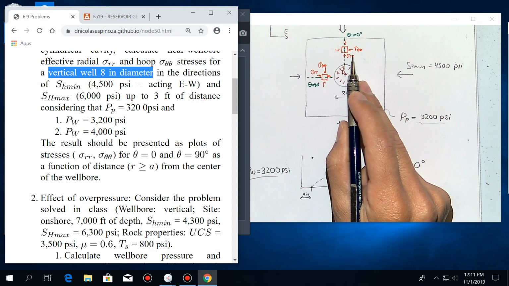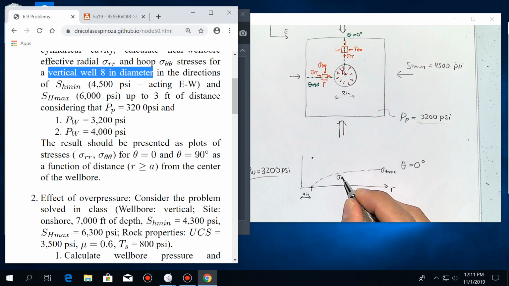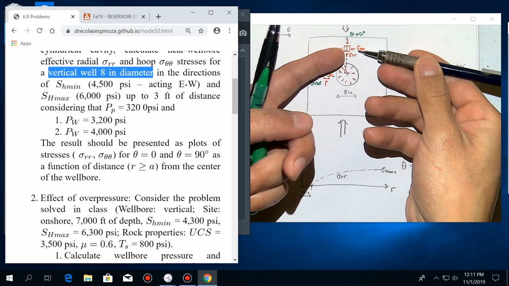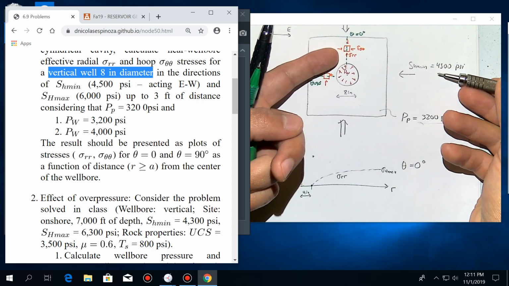The value of sigma theta theta, so this is sigma RR, the value of sigma theta theta, let's say it's compression, but I'm not sure about that, okay? It's going to tend to the value very far away. Sigma theta theta is just going to be sigma H min.